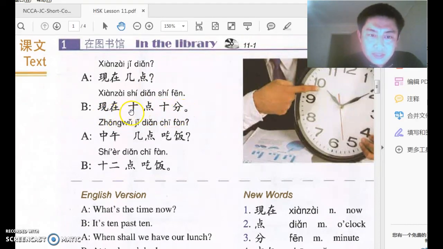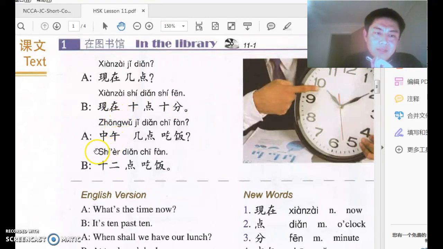Now is... well, where is the word is? It is omitted, because usually when B contains a number, for example a year of age, a time, or a date, 是 can be omitted.